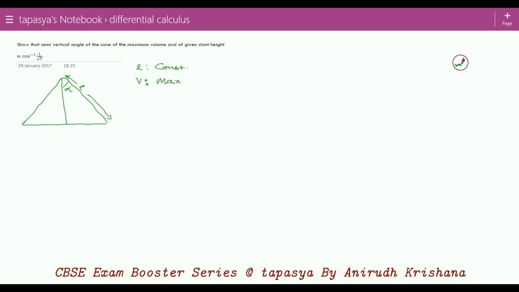Now there are two parameters for this cone: one is the radius of the base and the second one is the height of the cone.